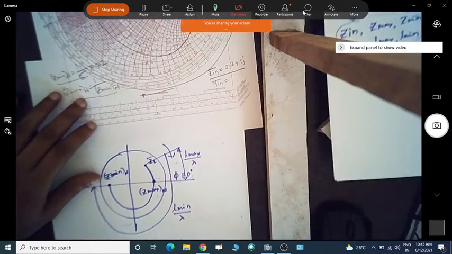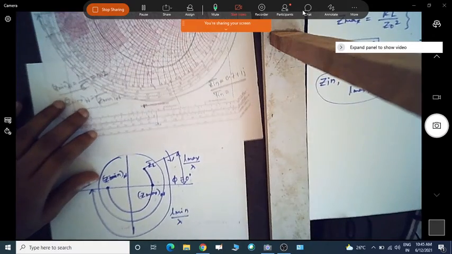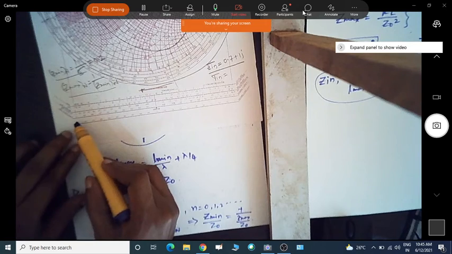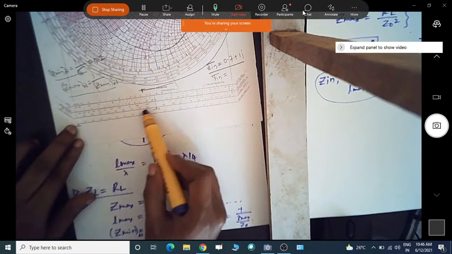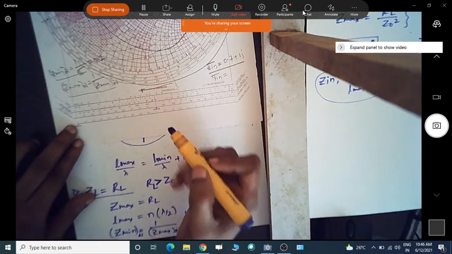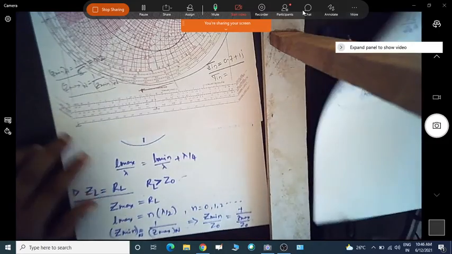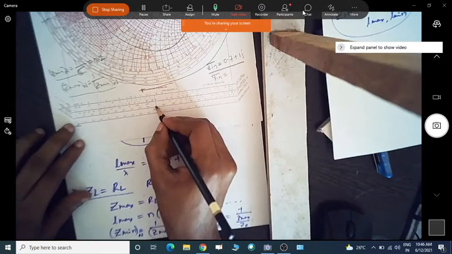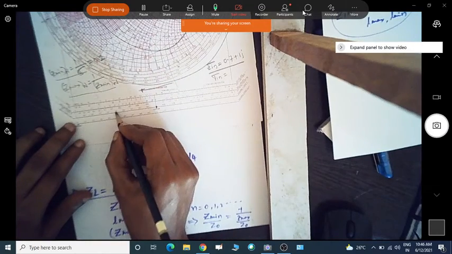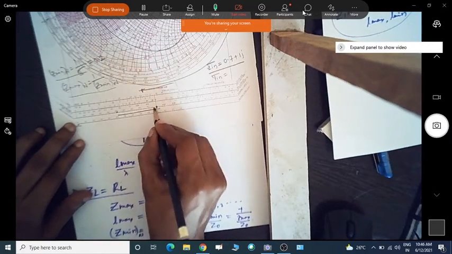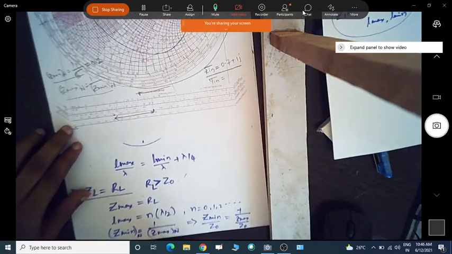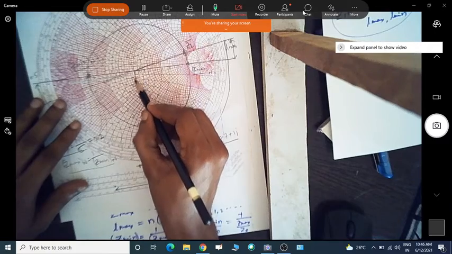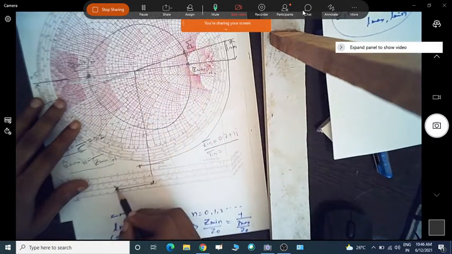So first we need to plot gamma equal to 0.5 at an angle of 50 degree. Now you can see here the gamma scale. Take the radius as 0.5, from 0 to 0.5. So this much radius you have to take, or project: take the scale and project here, exactly from 0 to 0.5.